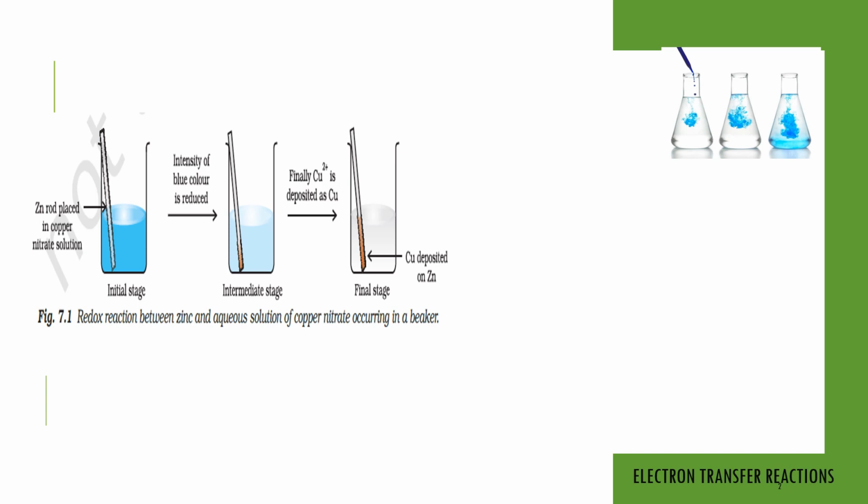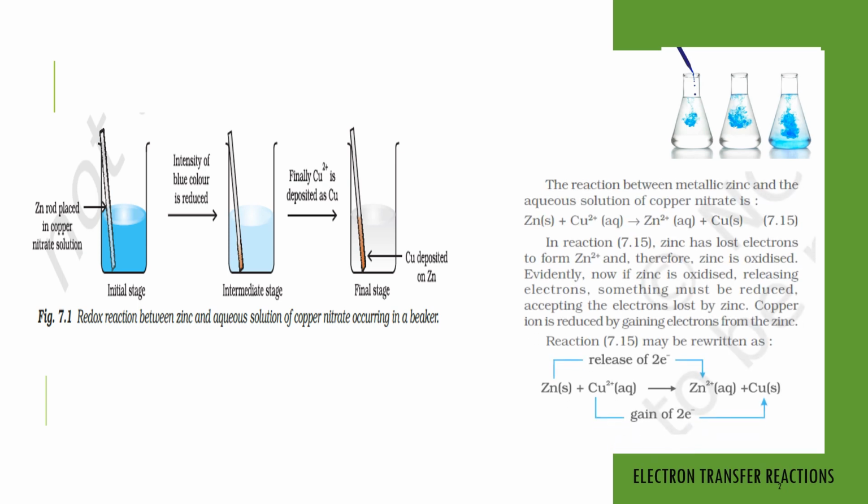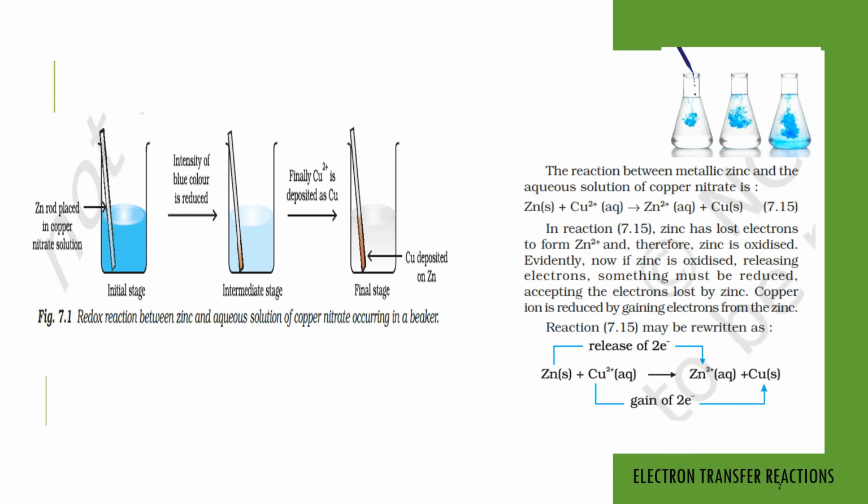So it means zinc has lost 2 electrons. You can see in this picture, we can write the second reaction as zinc solid plus Cu plus 2 in aqueous form, it becomes zinc plus 2 in aqueous form plus Cu solid.